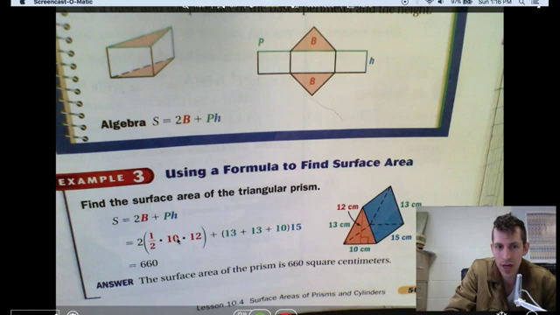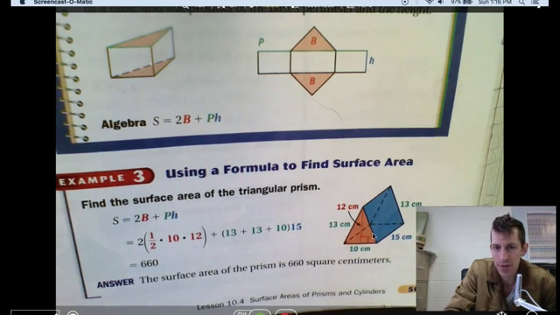Now, 2 times 60, this red, plus, now 13 is the perimeter. What's the perimeter around this guy? Well, 13, 10, and 13, which would be 26, 36, right? 13 plus 13 plus 10, that's the P, times H, which is 15, the height.